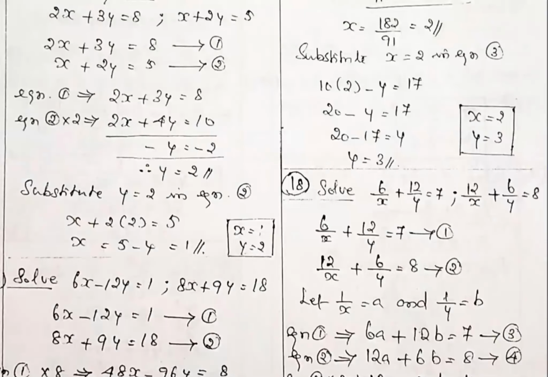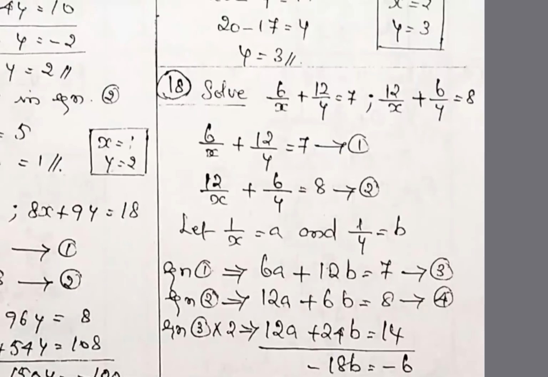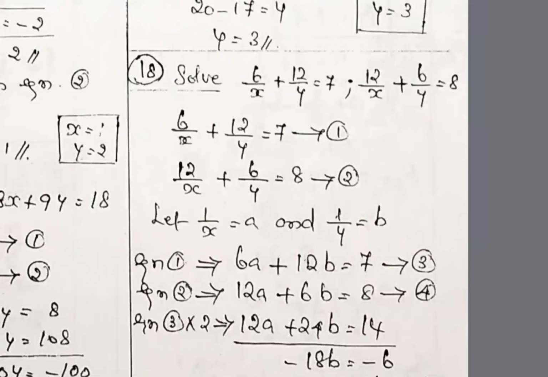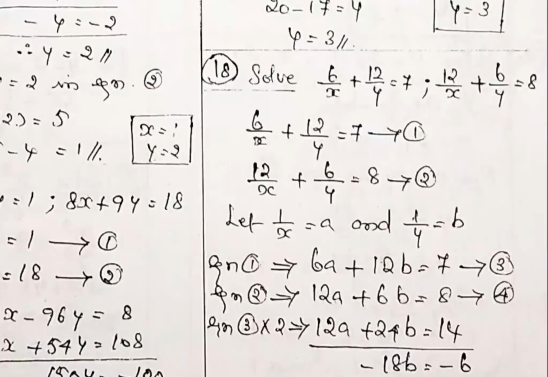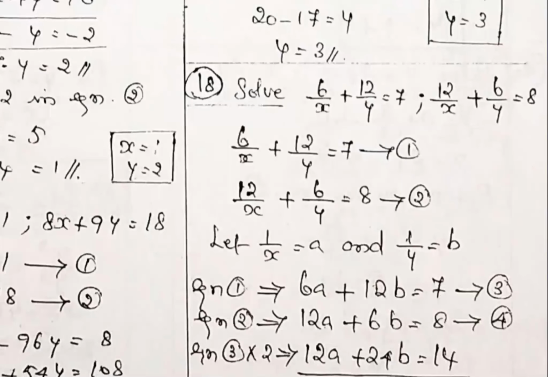Problem number 18. Solve 6 divided by x plus 12 divided by y is equal to 7, first equation. Second equation 12 divided by x plus 6 divided by y is equal to 8. Here the x value is available in the denominator. This is also not a normal equation.